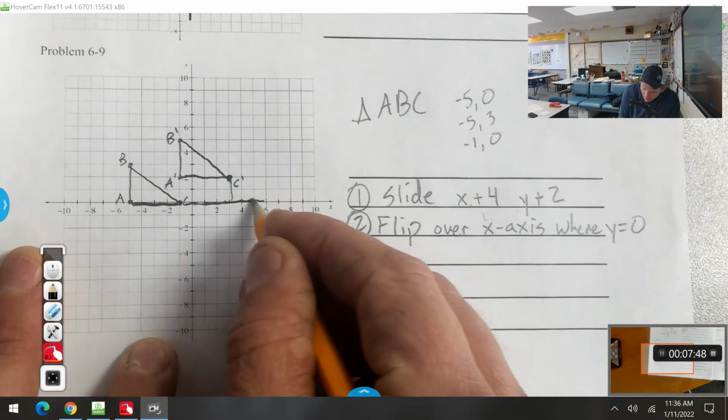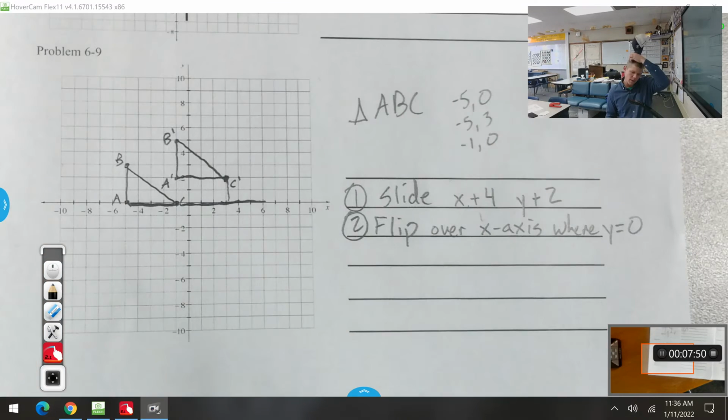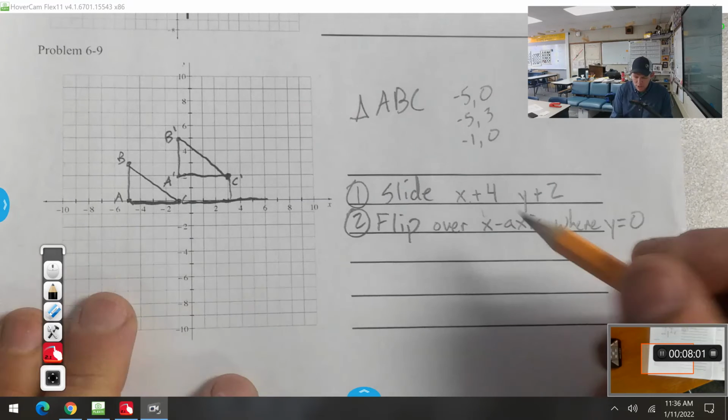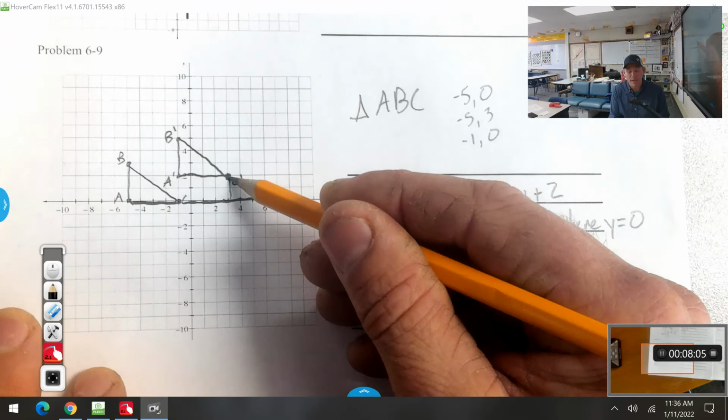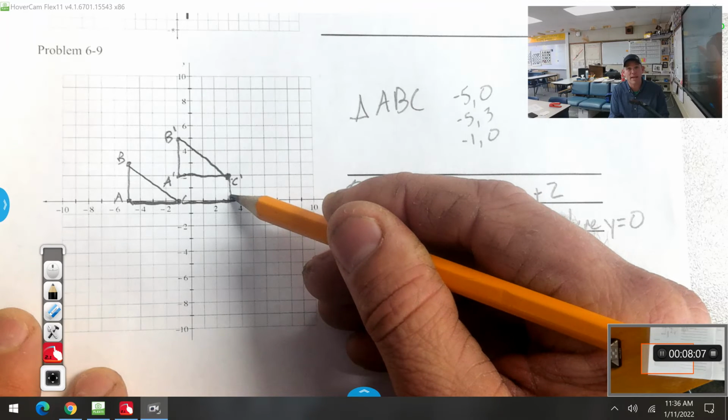Okay, here's the x-axis. Now, when you have a mirror, it is going to reflect the distance you are away from the mirror. So I notice point C prime is 2 away from the x-axis.